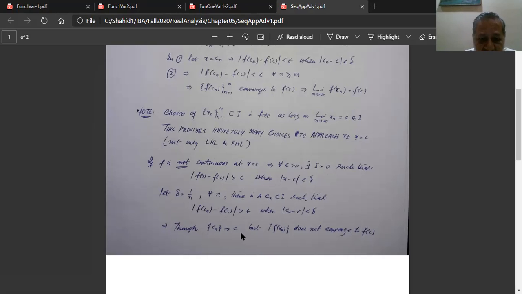So cn converges to c, but the image sequence is not converging to f(c). This is an expression of discontinuity of a function in terms of sequences. So that is a very strong idea, a more sophisticated idea than just the idea of the limit of a function of one variable that we studied at an earlier stage.